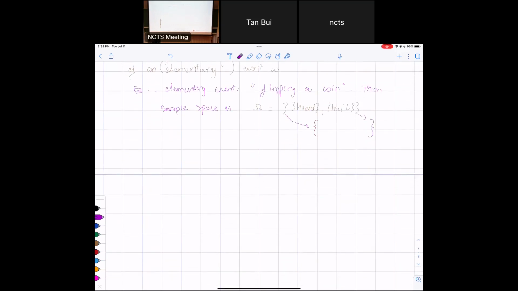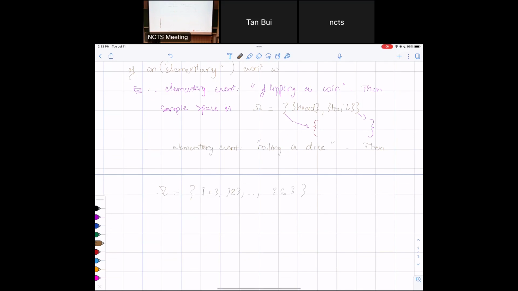Okay, so another example, just to make sure that we understand: if I look at the elementary event here, rolling a dice. Then the sample space, omega, is, as we know, either 1, 2, up to 6.